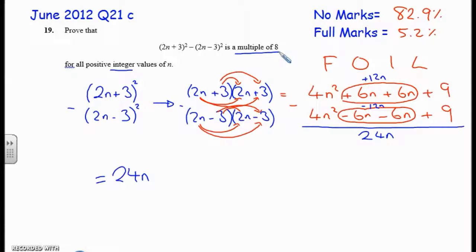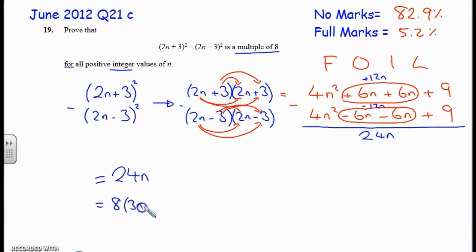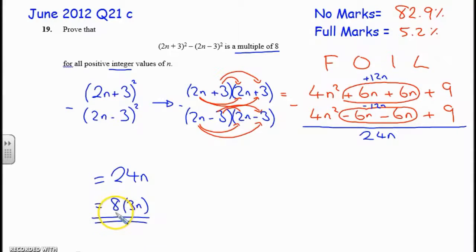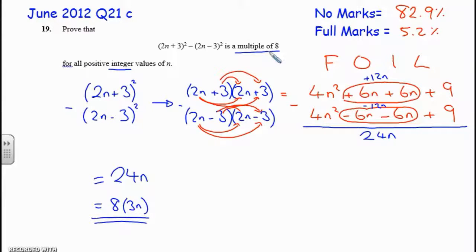So showing that it's a multiple of 8, if we factor out an 8 from this, we can see that whatever the n value is in the bracket, whatever the n is, it gets times by 3 and then it gets times by 8. So we've kind of shown that it's always a multiple of 8 because we factored out the 8. So just factor out whatever the multiple you're looking for is, and that will show that you have proven that it's a multiple of 8.